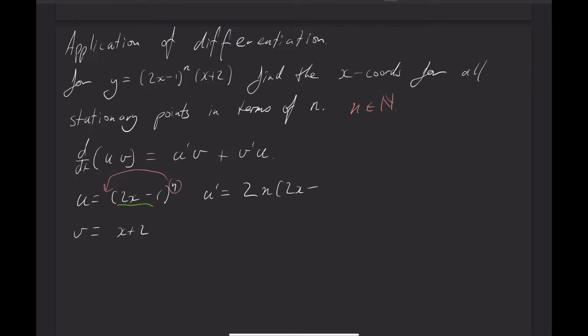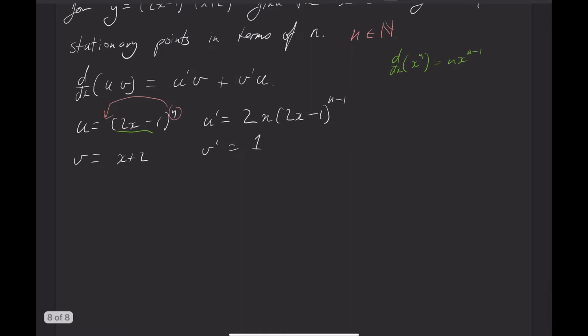We have the function that's in the brackets, and we reduce that power by 1, so n minus 1. This n comes from following that rule, so hopefully you know the rule: d/dx of x to the n is n x to the n minus 1. The derivative of x plus 2 is 1.